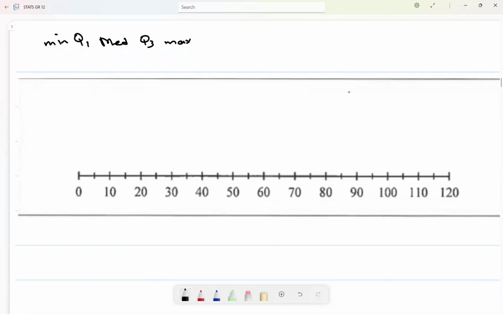Okay, 5 is somewhere located here. I'm not sure whether to use a ruler or what, it's fine. Quartile 1 is 44. If this is 45, it's somewhere here, 44.